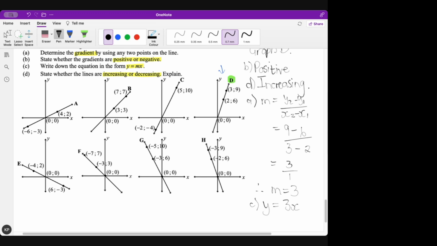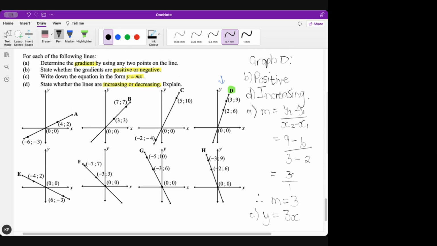How do I know there's no c? How do I know for sure that there's no c? I'm not even going to try and work it out. Does anybody know? How do we know for sure that there's no c? In the meantime, while I figure that out, can you guys do G, please?